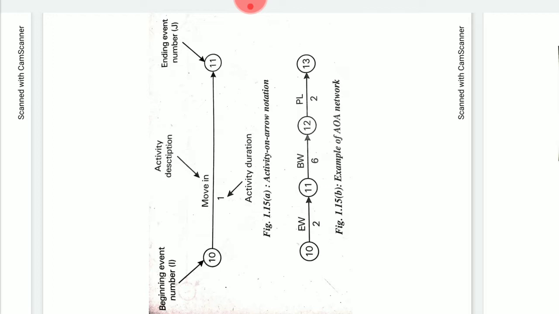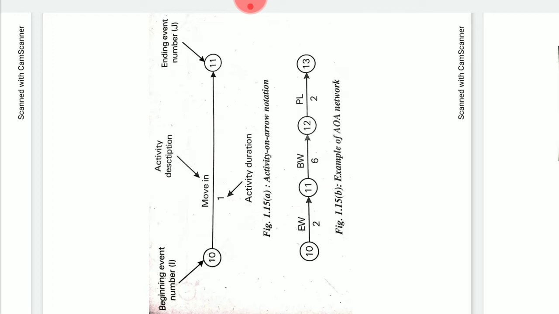In the above example, in figure 1.15, the activities like excavation, brickwork, and plastering can thus be represented as 10 to 11, I mean the earthwork starting from the 10th to 11th node, and the brickwork between the 11th and 12th node, and plastering work between the 12th and 13th node respectively.